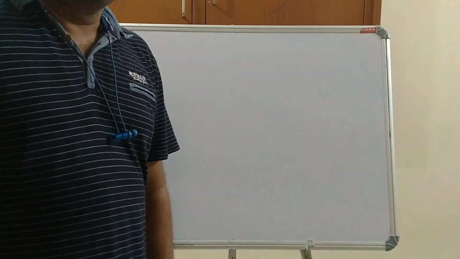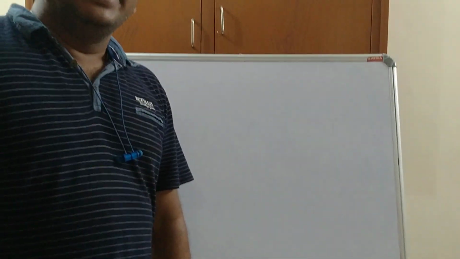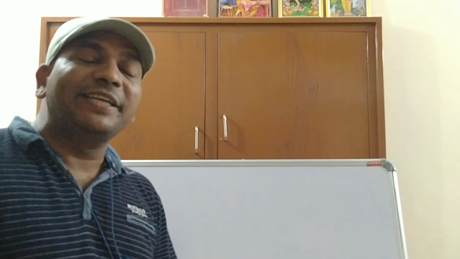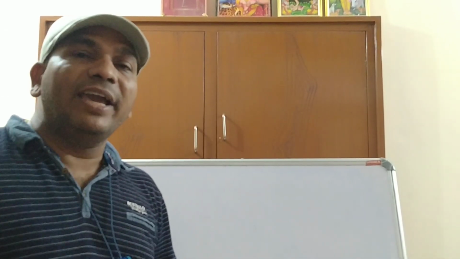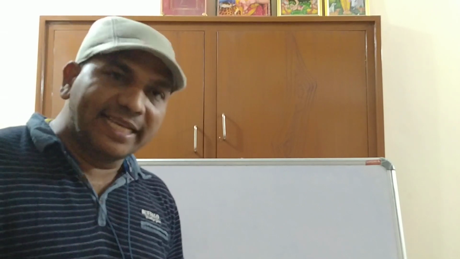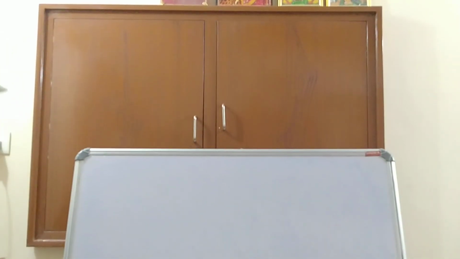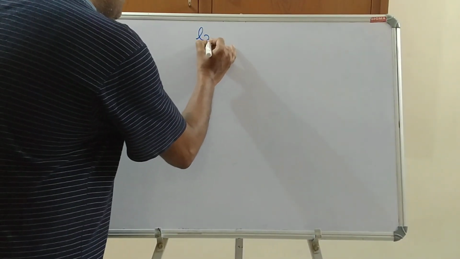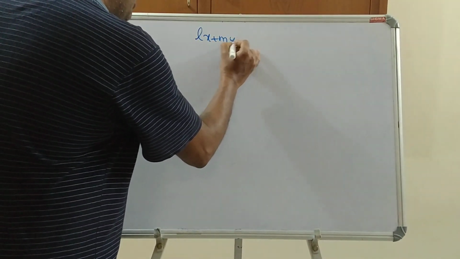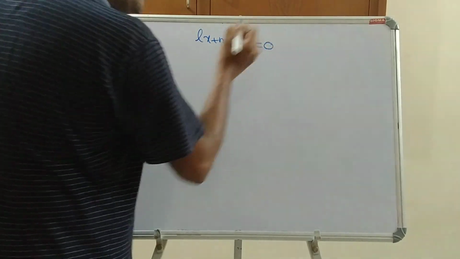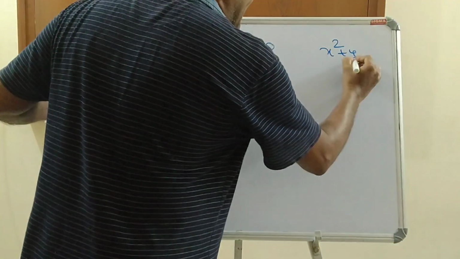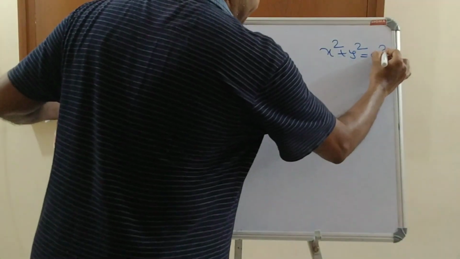Now, we have to find the pole of Lx plus My plus n equal to 0 with respect to the circle x square plus y square equal to a square.